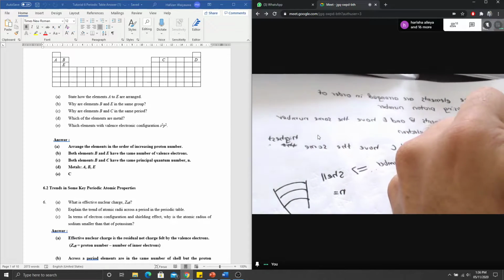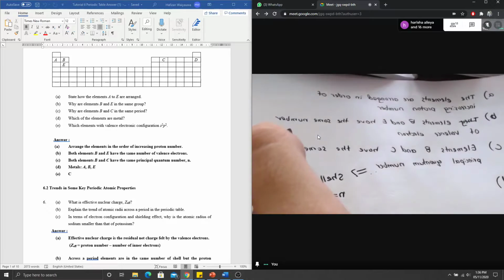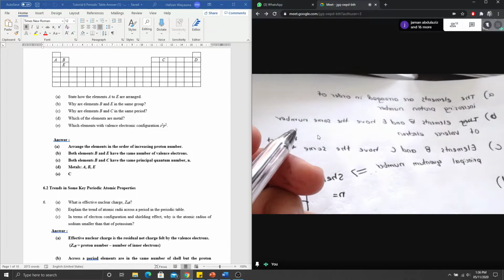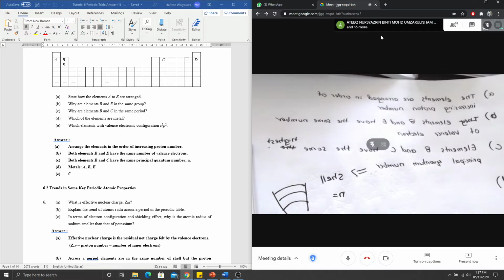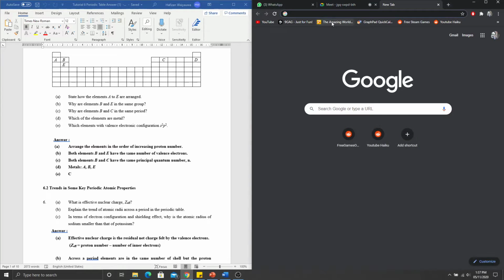Okay, then D. Okay, which elements are metal? Okay, this one, which elements are metal, is almost like you tak belajar sangat lagi, tapi you nampak tak my camera?